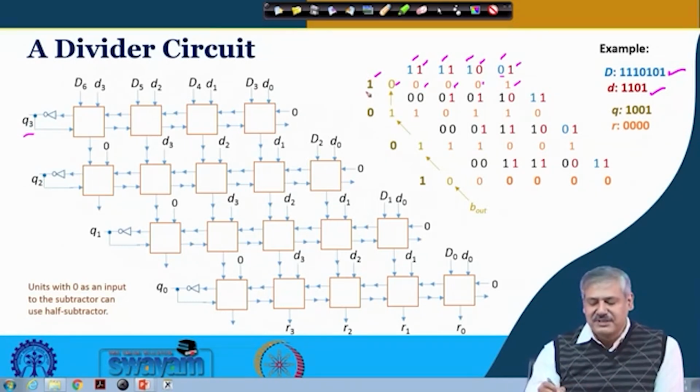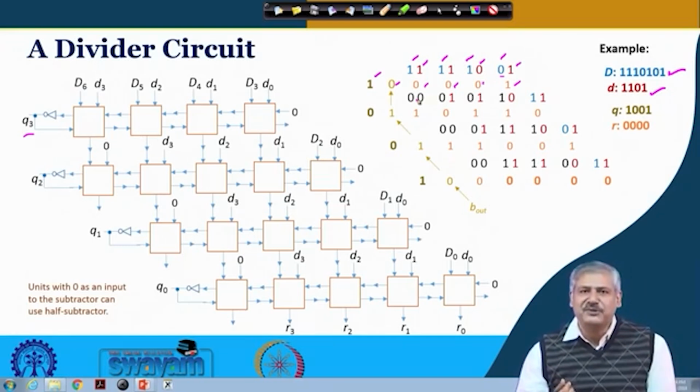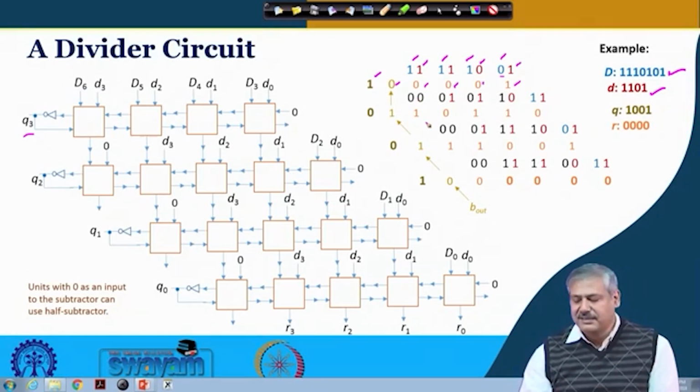So this is 1, and this is the final borrow out that is getting generated. So when Q3 is there, the difference result will be going to the next level of the subtractor group.